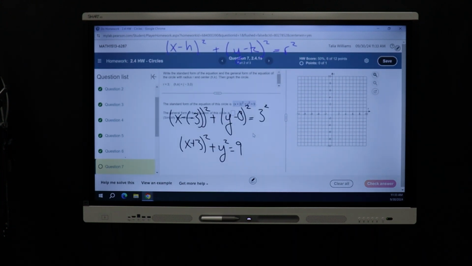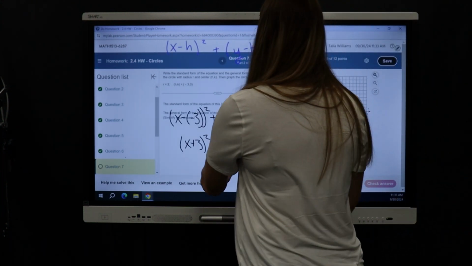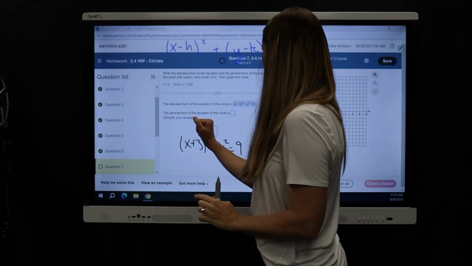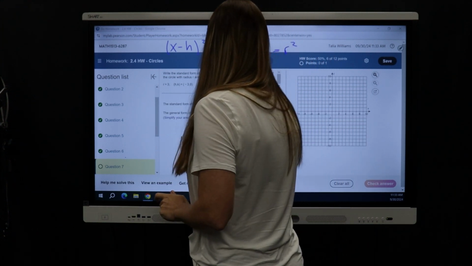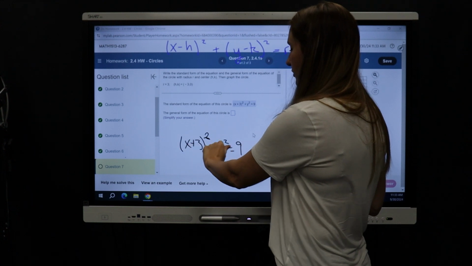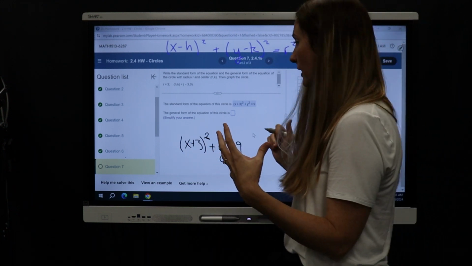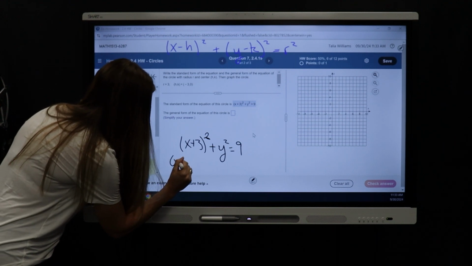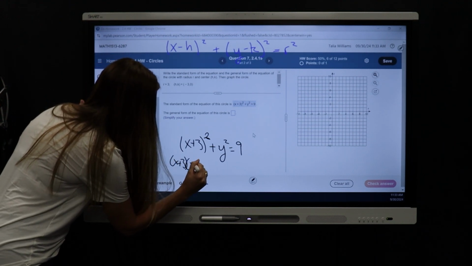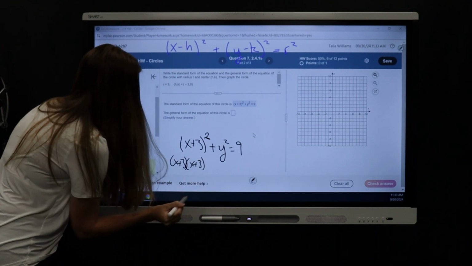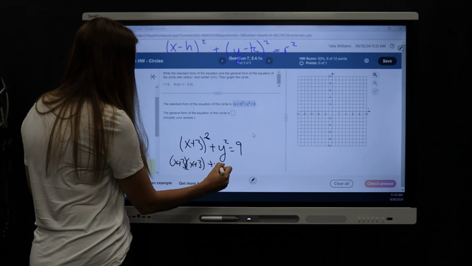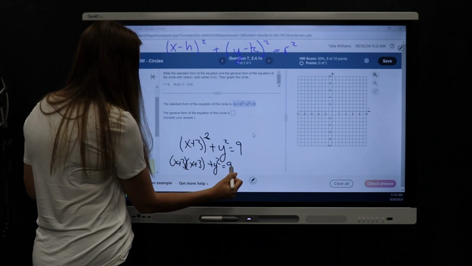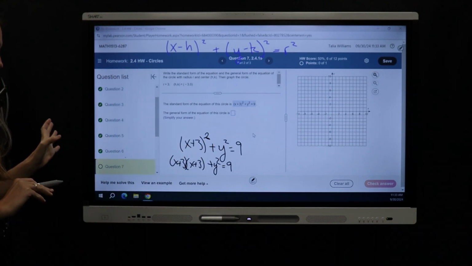Now our general form, you have to distribute out here. If you have anything with your x or your y, you're going to have to FOIL that. So you're going to have to do x plus 3 times x plus 3. And then we'll still have our y squared and our 9 until we get to the point where we're going to add that to it.